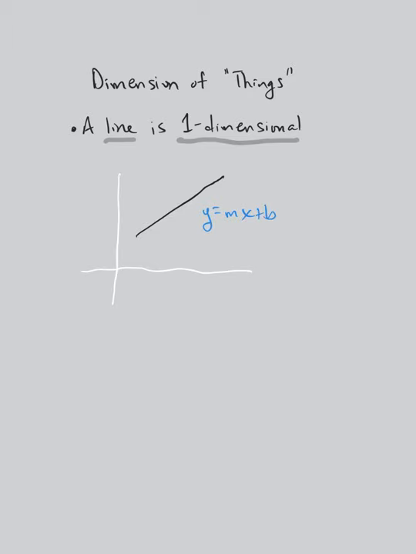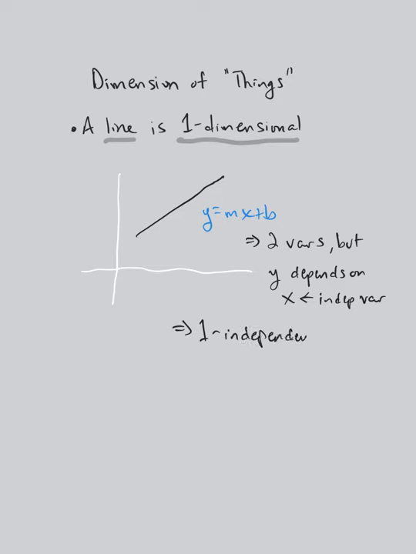The key thing here is that we have two variables, but y depends on x. So remember, x is called the independent variable, and what we have here is one independent variable.